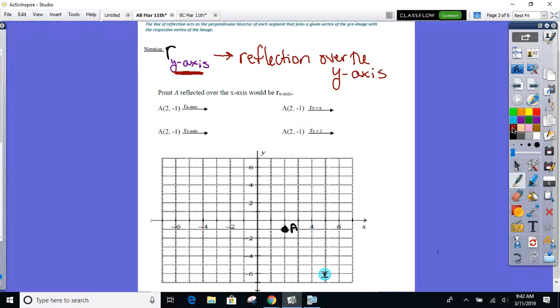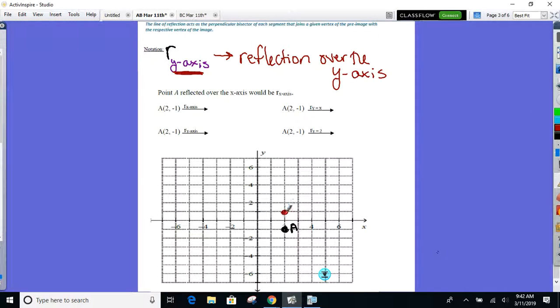Now I'm going to take this slow, even though I know most of you can plot it quickly. When you reflect, distance stays the same. How far is it from point A to the x-axis? 1 unit. So wherever you put the image of A, it also has to be 1 unit, but now I'm going in the opposite direction. So I was 1 unit away, I go 1 unit in the opposite direction.